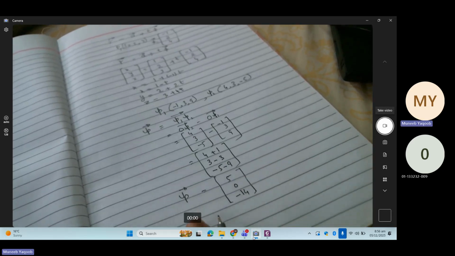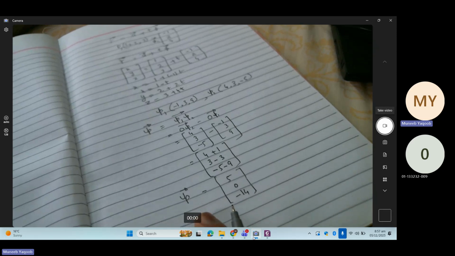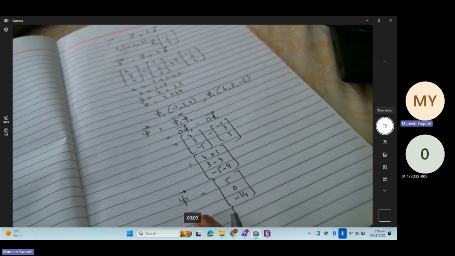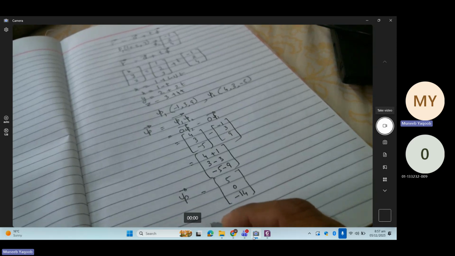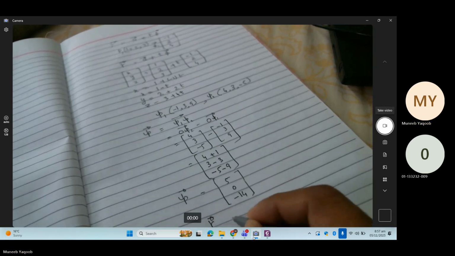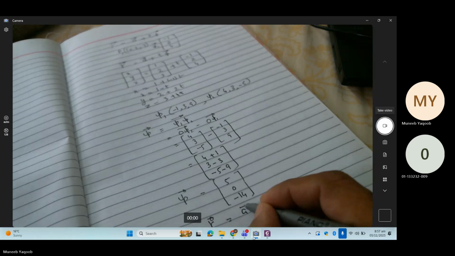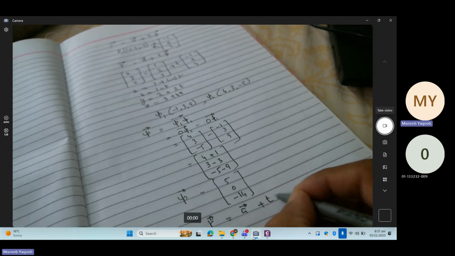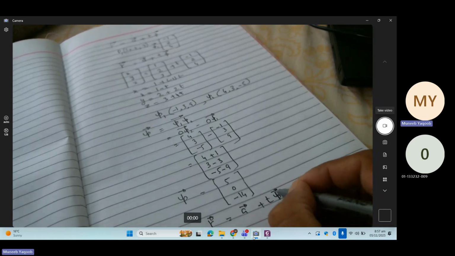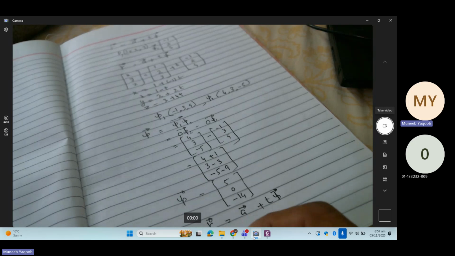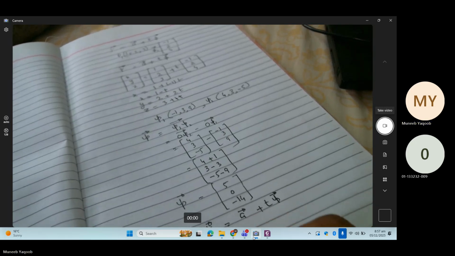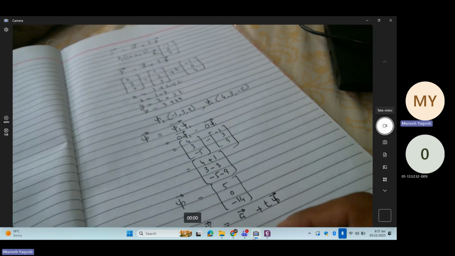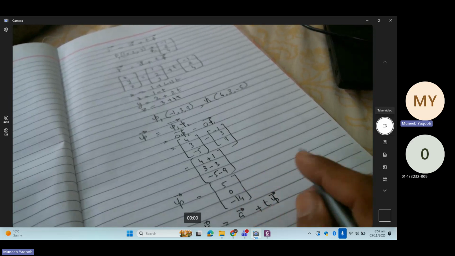So when we have solved for the direction vector P, we can easily calculate the vector equation using the generic equation R equals A plus TP. Again, in place of R, we will write X, Y, and Z. And in place of A, we can write any of the 2 points, P1 or P2.